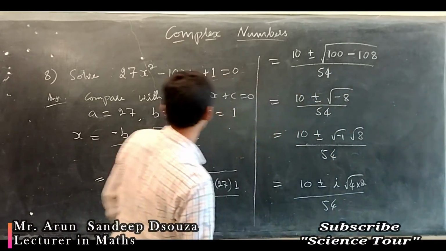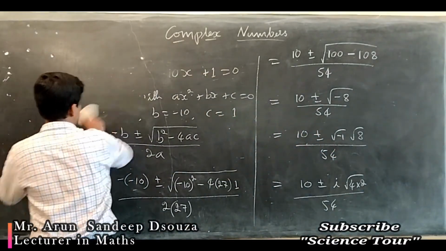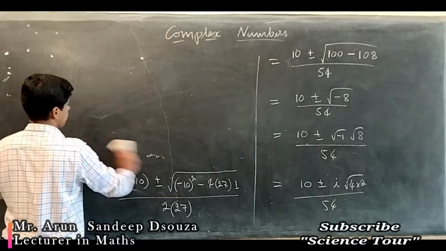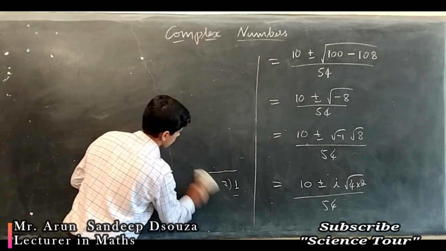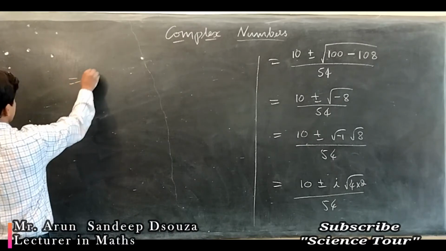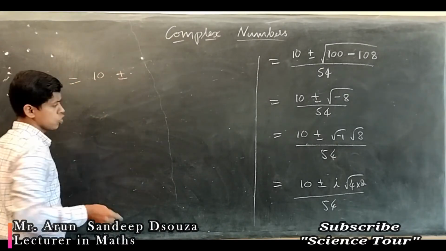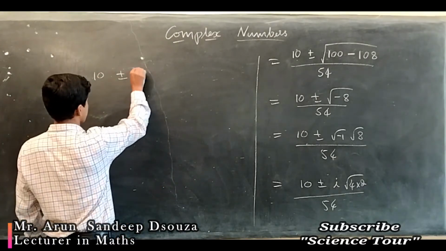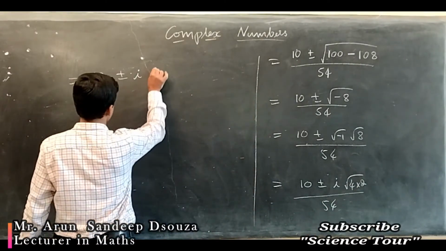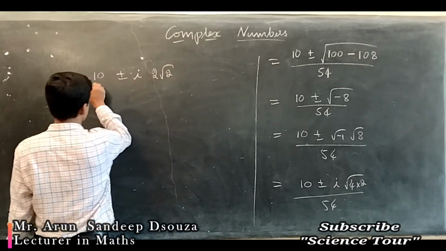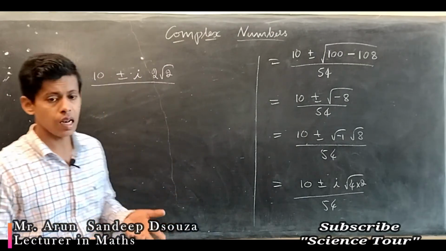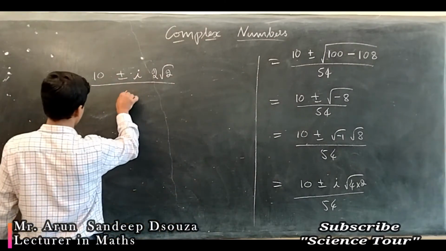Now next, that is 10 plus or minus i, and what is square root of 4? 2. So this is 2 and root 2. So square root of 8 is 2 root 2. You know that very well. Okay, now divided by 54.